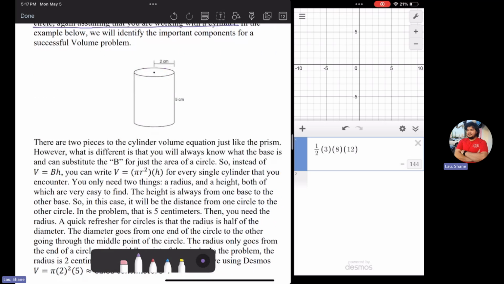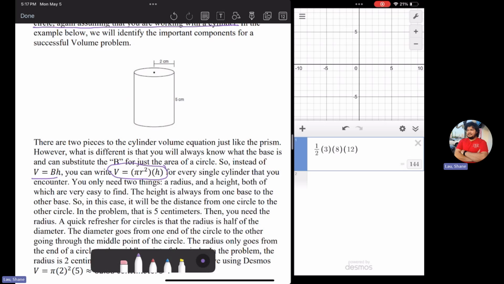Take, for example, this cylinder here. There are 2 pieces to the cylinder volume equation that are just like the prism. We need the capital B, we need the lowercase h, but instead of needing capital B times h, we're going to use this equation, because we already know what the base is always going to be.